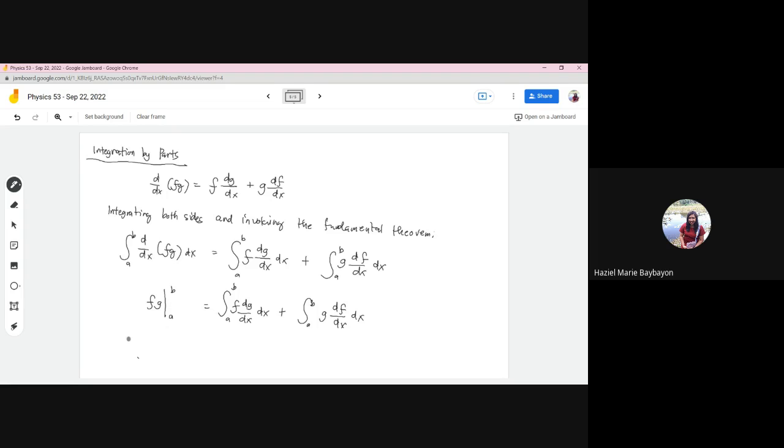So the integral of f dg/dx dx from A to B is just equal to, since this was positive, we move it to the other side, so it becomes negative: the negative of the integral of g multiplied by the derivative of f with respect to x dx, plus this term, f times g from A to B. Okay, so this is integration by parts.